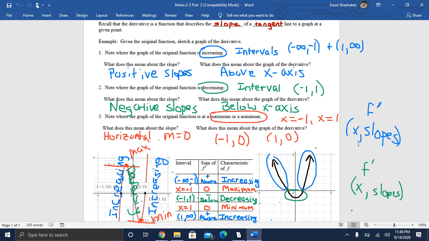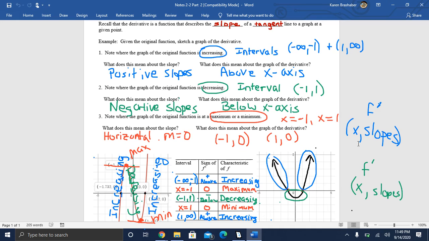You can also take note of algebraically that your original function looks like an x to the third power, and so your derivative, if you bring the coefficient in front, would be a 3x to the second power. So you have some kind of a parabola going for the derivative.